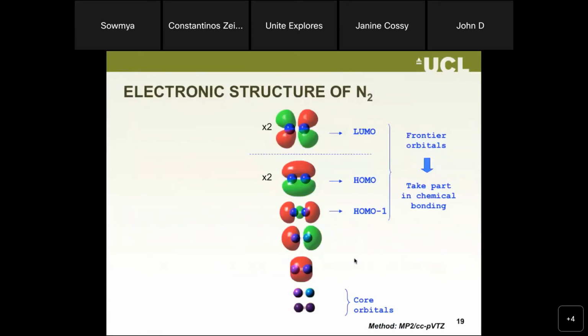These calculations were done using Laplacian perturbation theory, using a correlation consistent polarized valence triple zeta basis set. And this end-on configuration was basically due to the donation of d electron density into the empty LUMO orbital of the nitrogen.